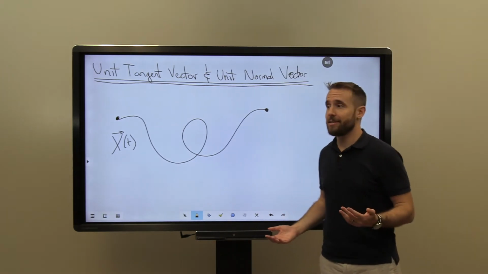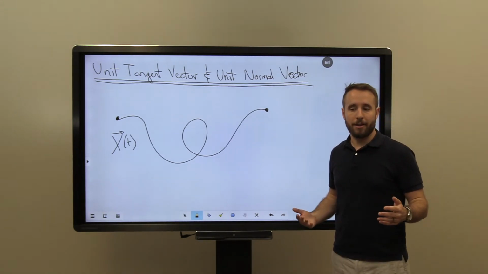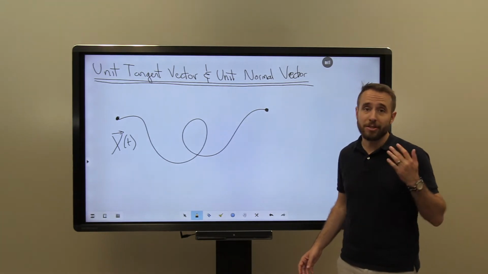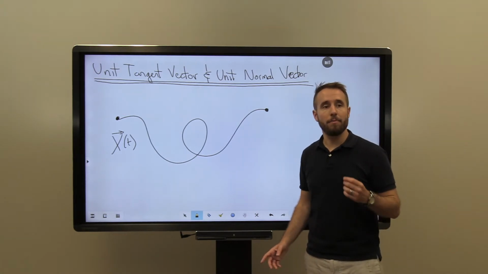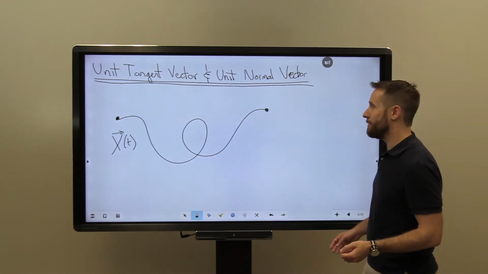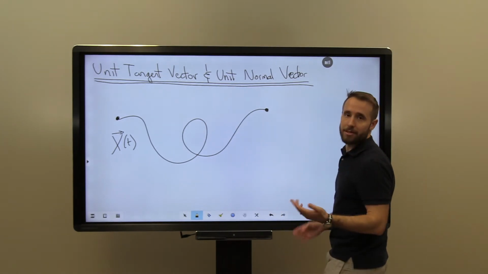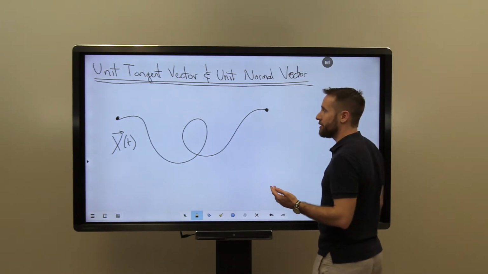And so in this case, maybe first of all I should say normal is going to be a word that's synonymous with perpendicular, right? So I'm looking for vectors that are tangent to a given curve and vectors that are perpendicular to a given curve. And so just to see this pictorially, here's a nice curve x of t, a nice parametrized curve.